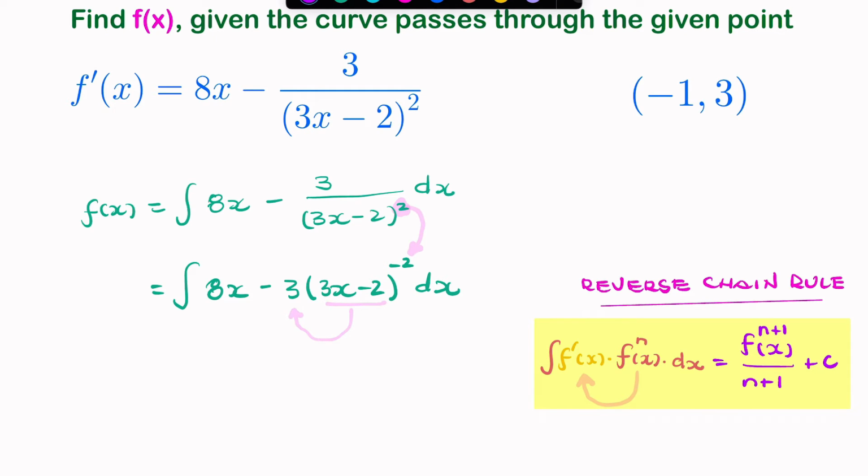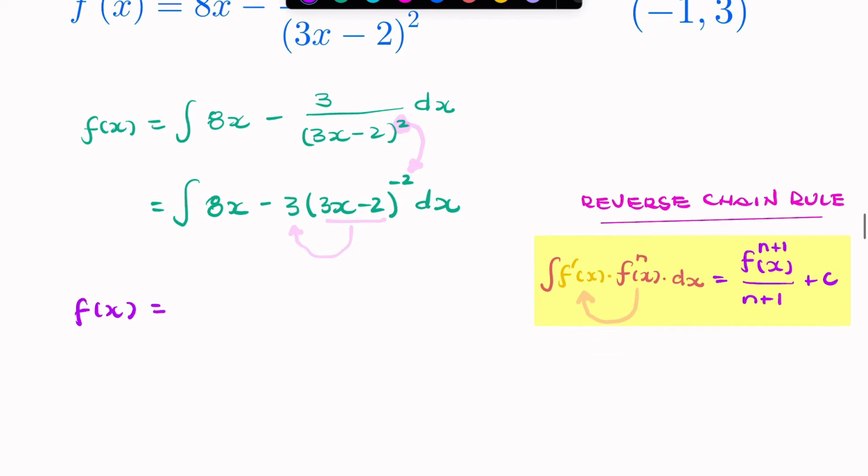So this integral f of x equals, this is straightforward, it's simply 8x squared divided by 2. But then immediately I can say this is minus 3x minus 2 to the power minus 2 plus 1 divided by minus 2 plus 1, plus c.